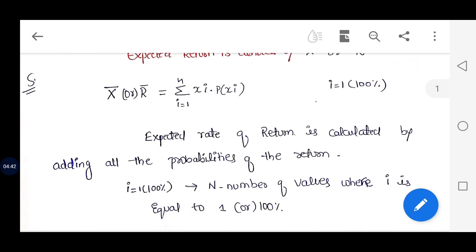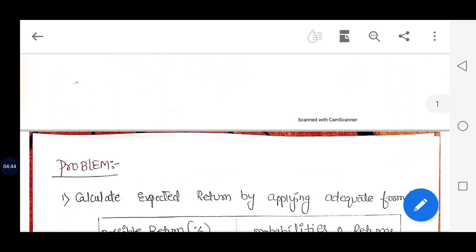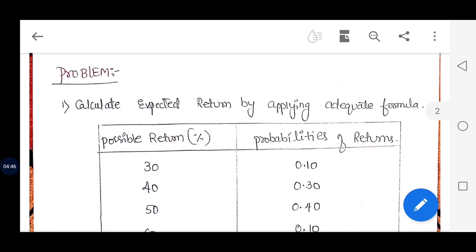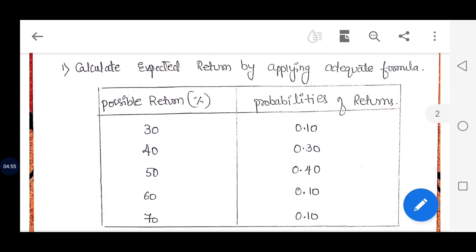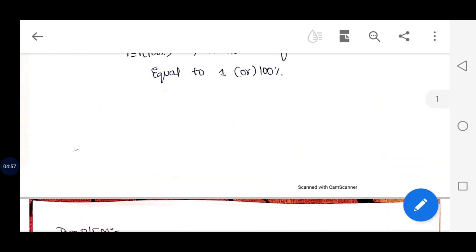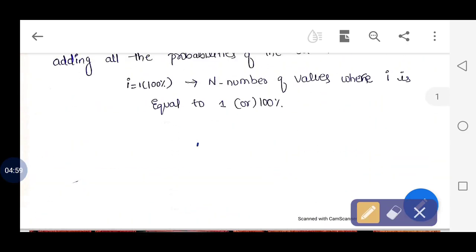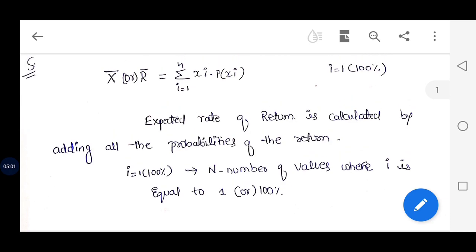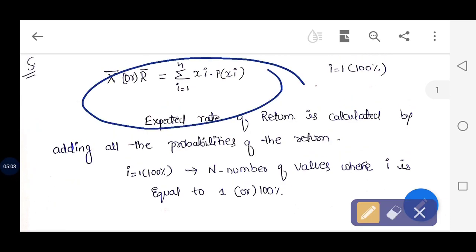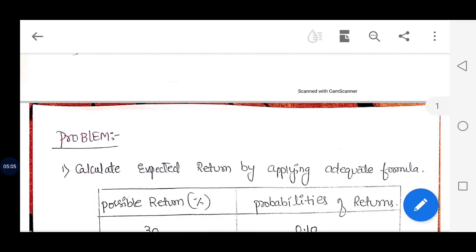So let's take one example. You will understand, it is easier for you. The question is, calculate expected return by applying the adequate formula. The suitable formula is this one for calculating the expected returns.